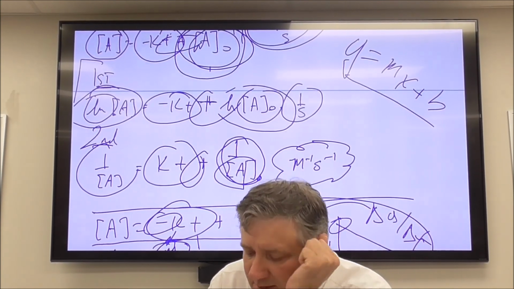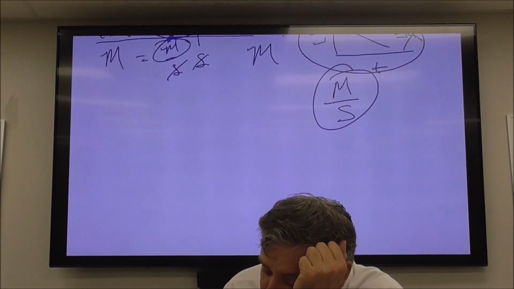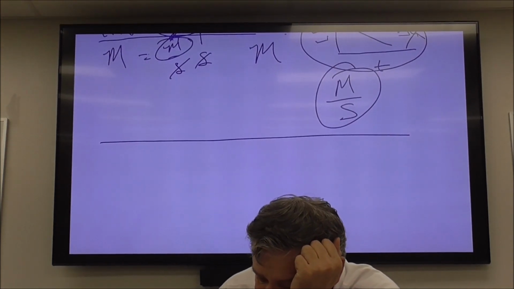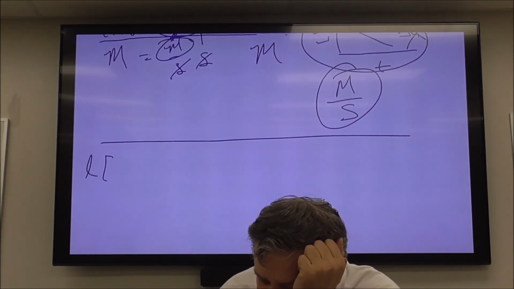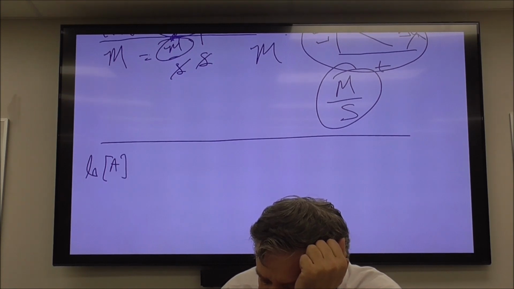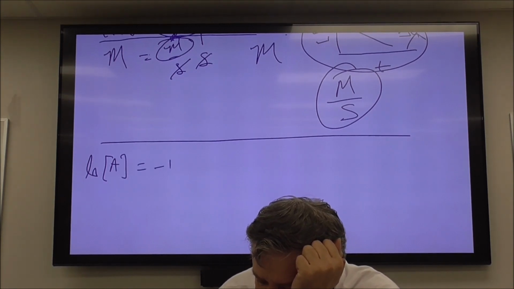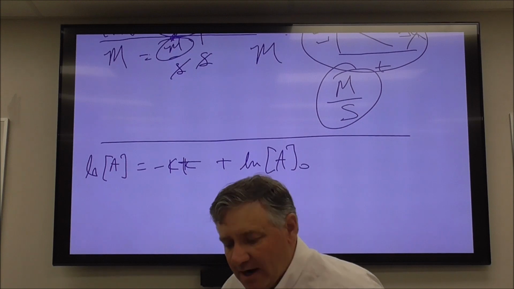I don't care. Now, here's the important part of natural logs. You have the natural log of A, and I'm going to rewrite this. It's going to equal negative KT plus the natural log of A naught. Now, here's the deal.